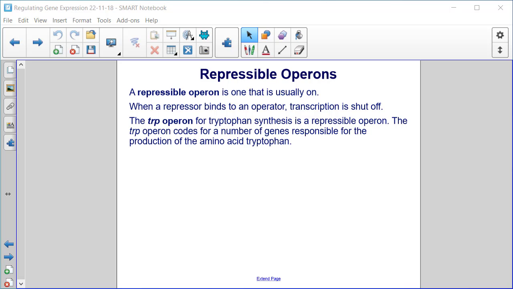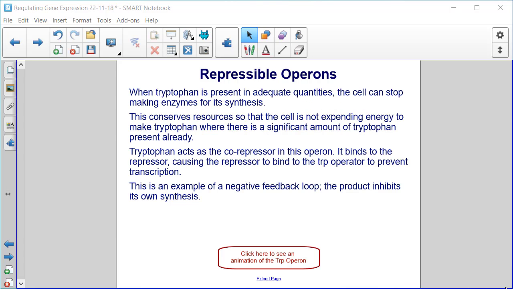They only become active or inactive when they bind to the operator. Repressible operons. A repressible operon is one that is usually on. When a repressor binds to an operator, transcription is shut off. The TRP operon for tryptophan synthesis is a repressible operon. The TRP operon codes for a number of genes responsible for the production of the amino acid tryptophan. When tryptophan is present in adequate quantities, the cell can stop making enzymes for its synthesis.